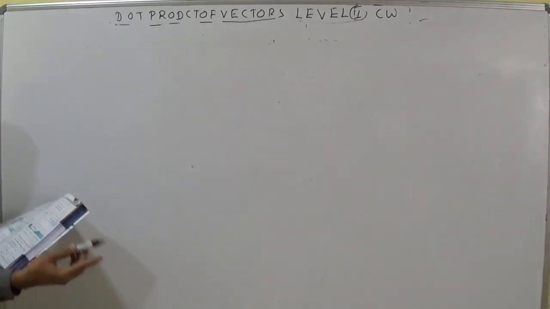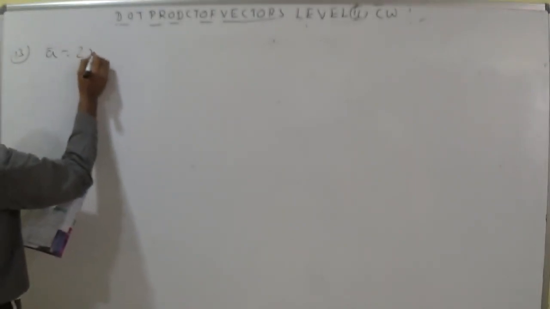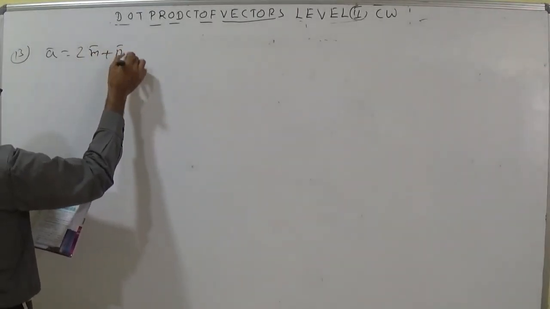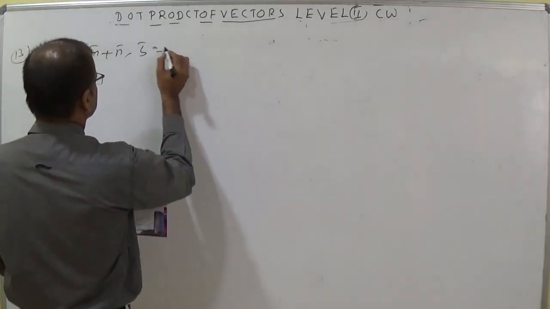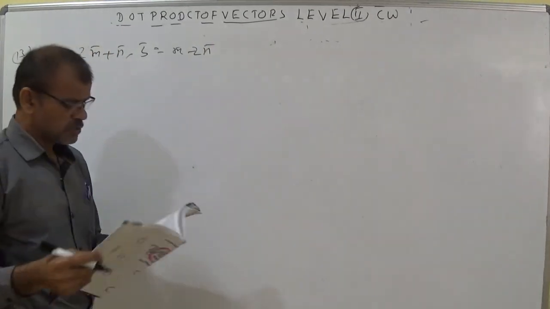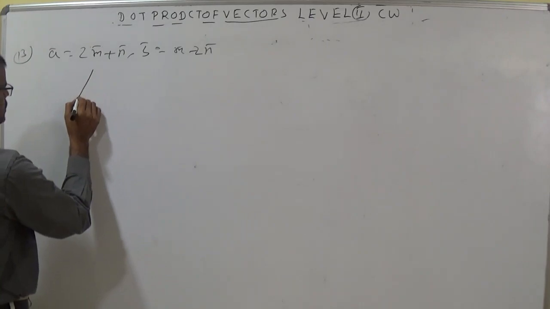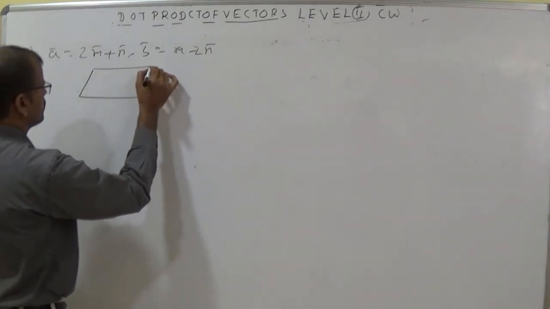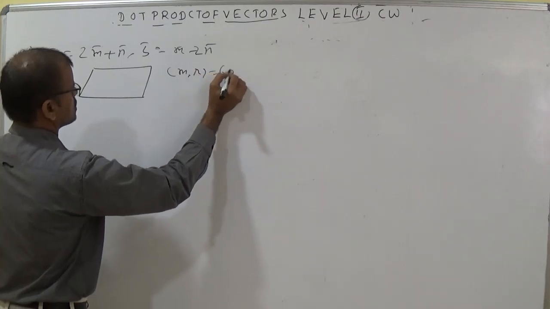A bar is equal to 2m bar plus n bar, B bar is equal to m minus 2n. The angle between the unit vectors m and n is 60 degrees. So in the same previous model, we can calculate the question.